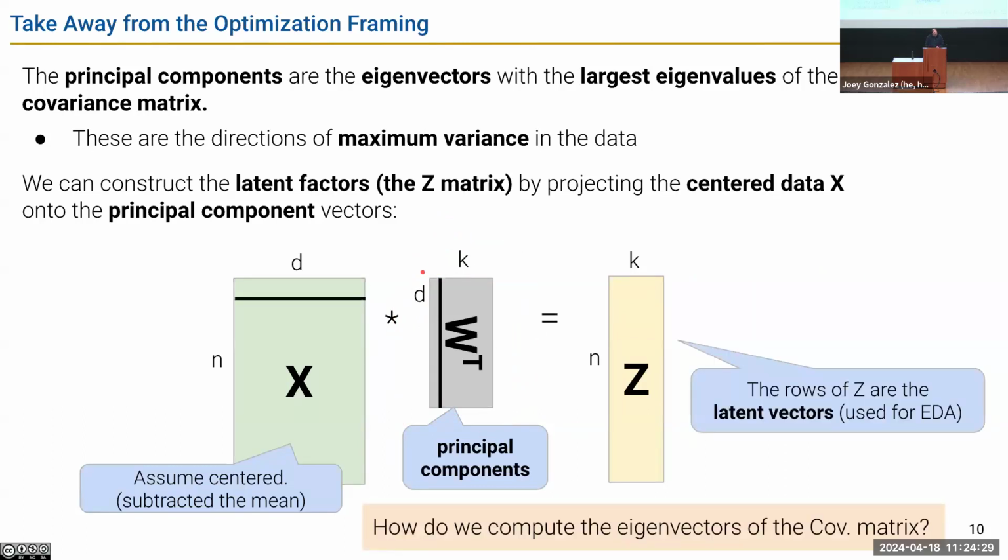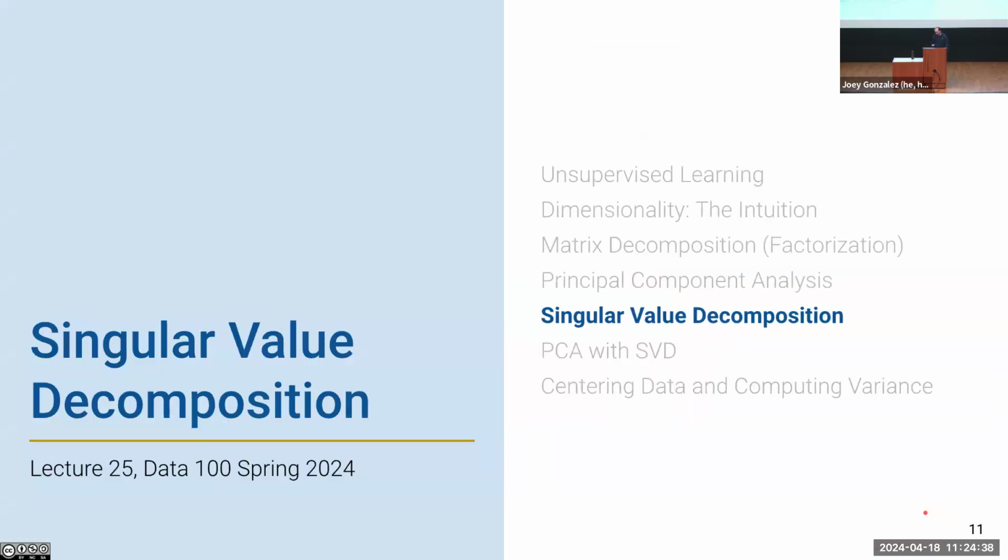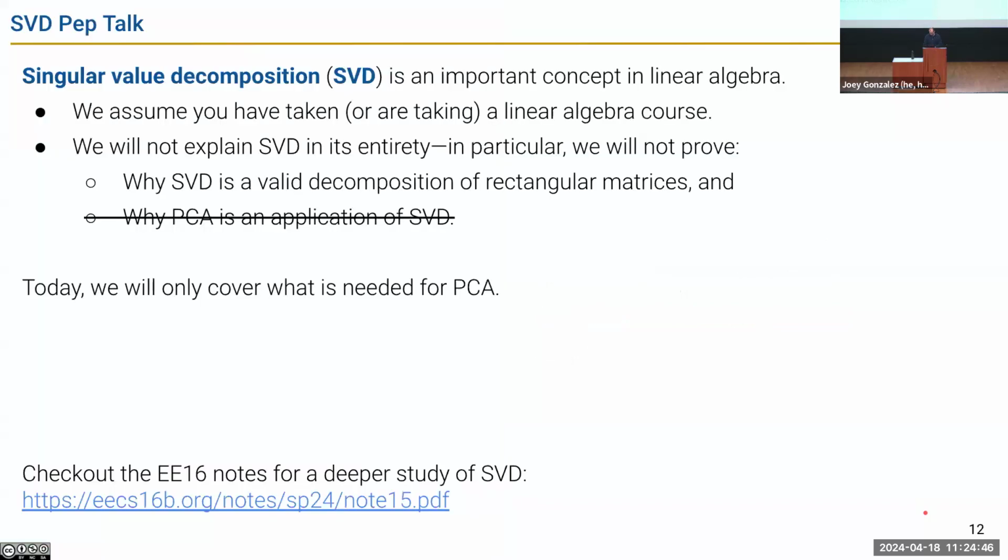So how do we compute the eigenvectors of the covariance matrix? That brings us to the last mathy part of this lecture, which, having learned my lesson on Tuesday, I will try to make less mathy today. But it is a very cool concept. The singular value decomposition. These are really big ideas in linear algebra.